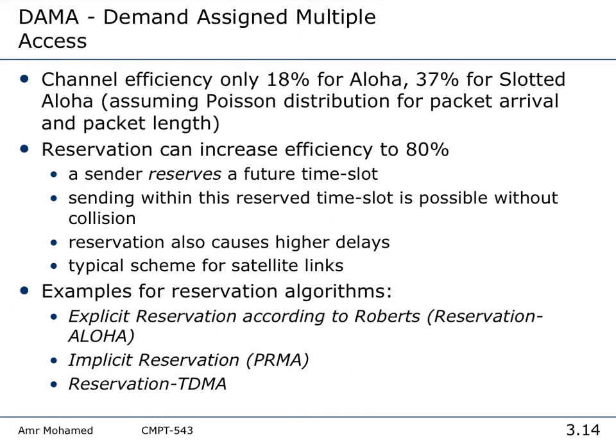If the efficiency is the rate of successful transmission divided by the load, then in low loads, the efficiency is 100%, which means that the amount of transmission that we get successfully is actually the same transmitted data.